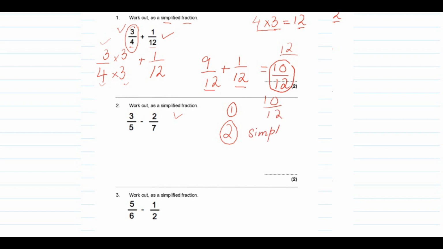How can we simplify a fraction? Simplifying a fraction means that your answer should also be in fraction form, not in decimal. Now I am going to tell you how we simplify a fraction. We have 10 over 12. What we need to do is find a common factor of 10 and 12. What is the meaning of common factor?